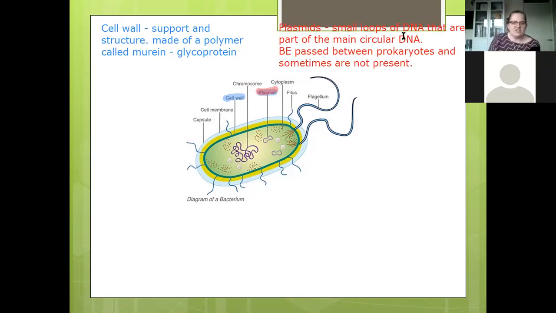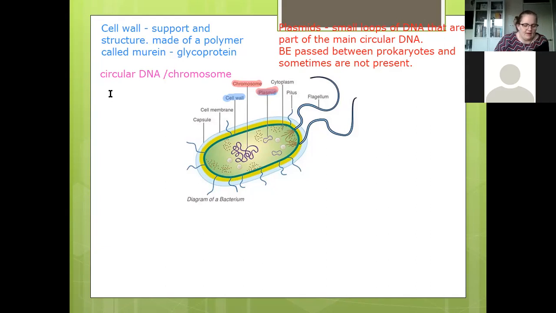Then, let's talk about the circular DNA next. Here it says chromosome, and sometimes we call it circular DNA. It sort of has multiple names, so let's call it circular DNA / chromosomes. Unlike a eukaryotic cell, prokaryotic cells do not have a nucleus.